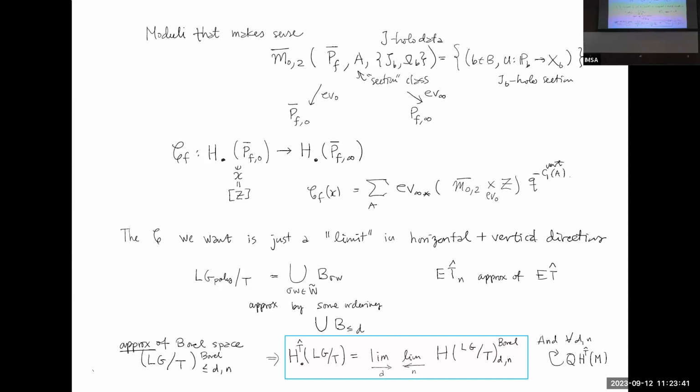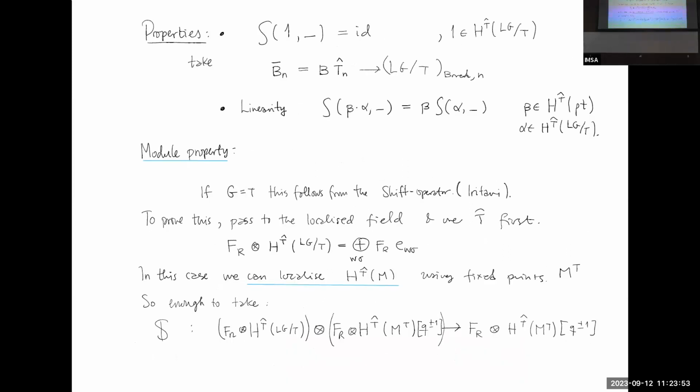But anyway, at the end of the day, each one of the pieces is acting on the quantum cohomology, the equivariant homology of M, and then you can just take the limit of that action. That's essentially how it goes. So the construction is entirely tricky, but it's all due to using approximations and so on. The properties that we have are just as you can expect.